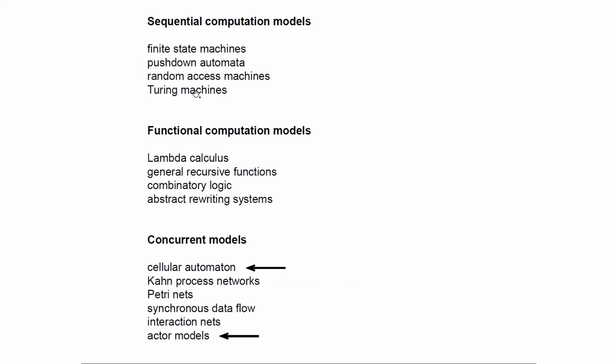And I mentioned before Turing machines. Just as reference, for example, finite state machines: every time you go to a turnstile, so there are no turnstiles really in Finland, but maybe if you go to London, there's this machine that lets you into a metro station.